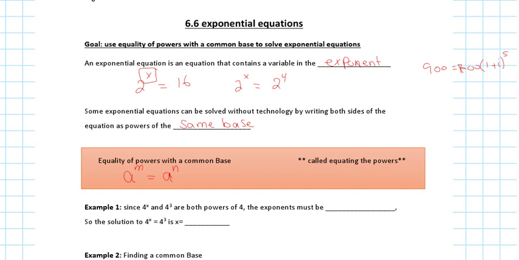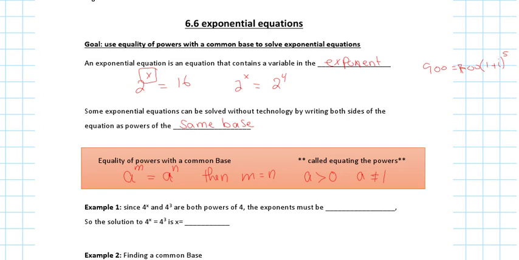Because you have a common base. That's right, as long as a is greater than 0 and a cannot equal 1. Why can a not equal 1?